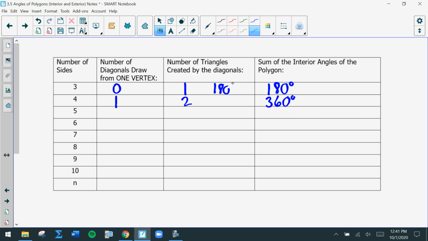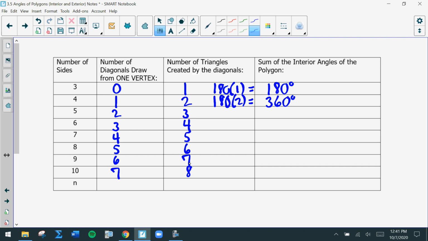Okay, so we have 180 times 1, or 180 times 2. And then we can draw 2 diagonals, 3, 4. Notice how this is going up, right? And when we're looking at this, we see that the number of triangles also increases by 1.